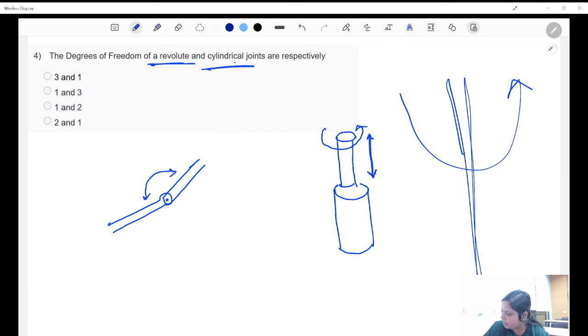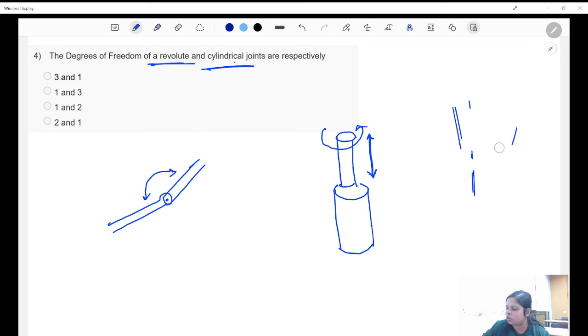So it is just 2, right? Third option, yeah, C option. So we don't consider up and down as different because it is along the same axis. So it can move in this direction, it can rotate in this direction. If you are confused with the arrow, then we can have the arrow like this also. So it is 1 and 2.